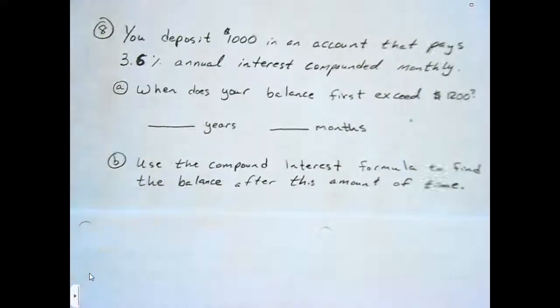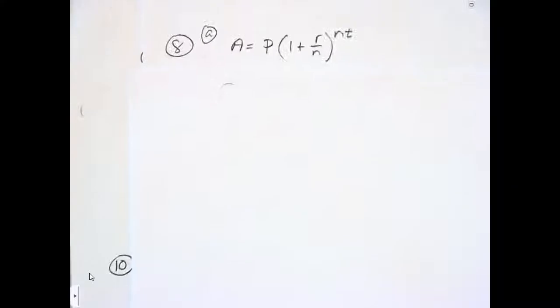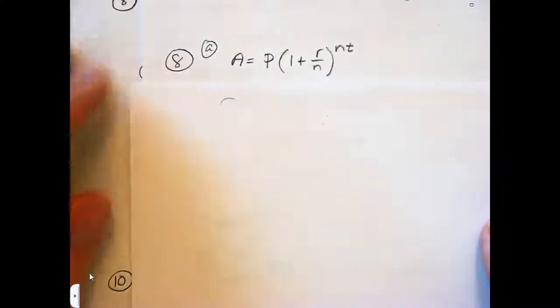So, first thing we need to do is know the compound interest formula. I'm not going to give you enough time to write all that stuff down, but the numbers and the work are what's important. All that stuff is the same type of wording as on your report.